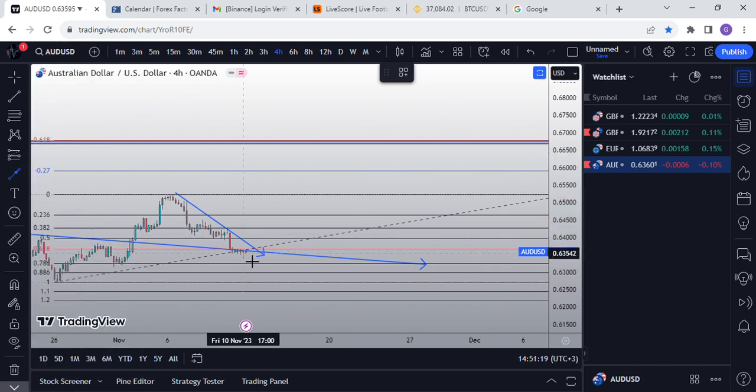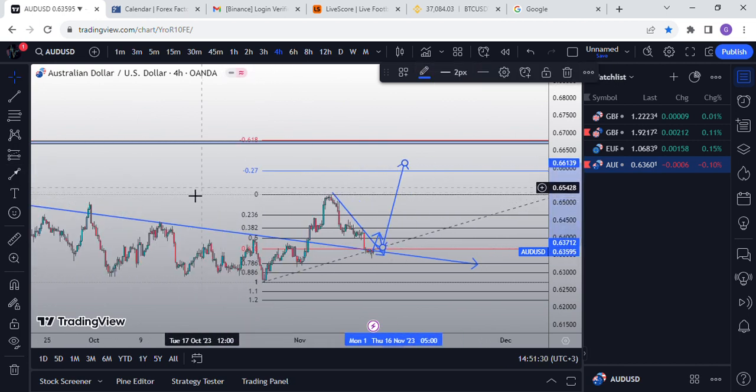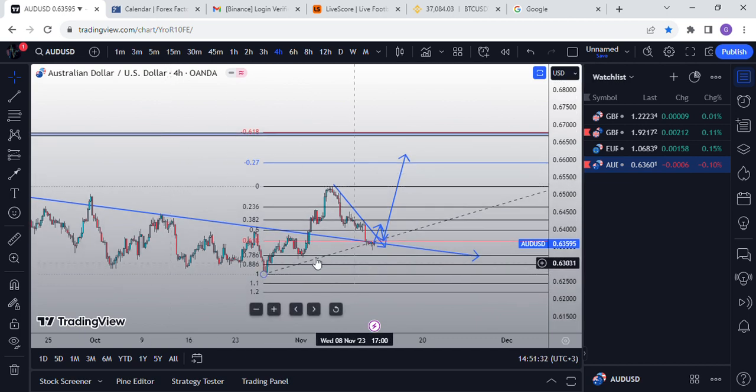Wait for the break of this trend line and then give me a retest of the trend line, then you get in for that push to the upside. So that is how I'm trading AUD USD, that's the Australian dollar, US dollar, or Aussie dollar. From what I see, I'm looking at a bullish move next week.